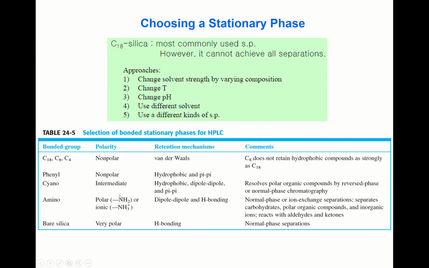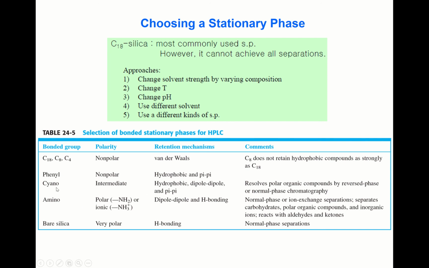And the cyano group bonded phase, the polarity is intermediate. Cyano group, CN, right? Because nitrogen has a higher electronegativity, the polarity is intermediate. So the retention mechanism is hydrophobic, dipole interaction, and pi-pi interaction. Dipole, because of the electronegativity difference; the cyano group has a dipole moment.